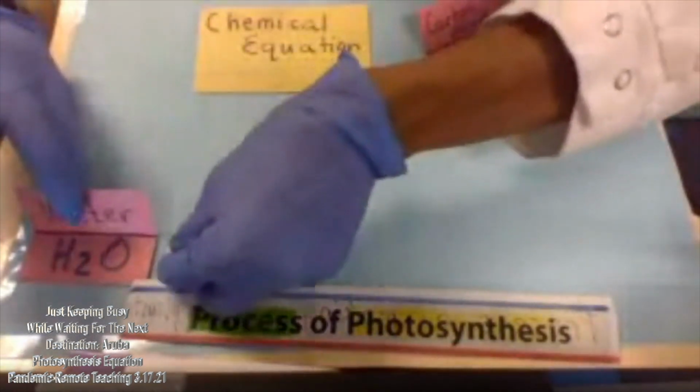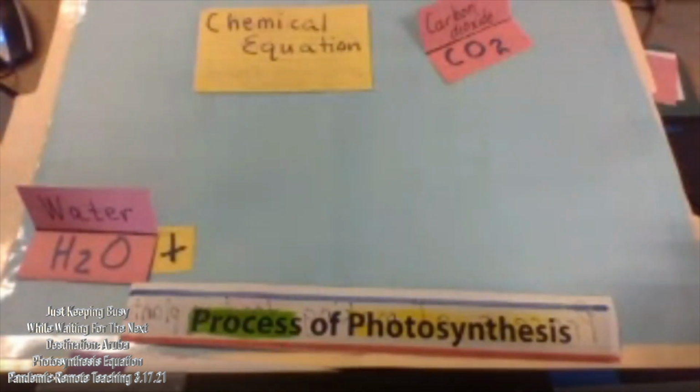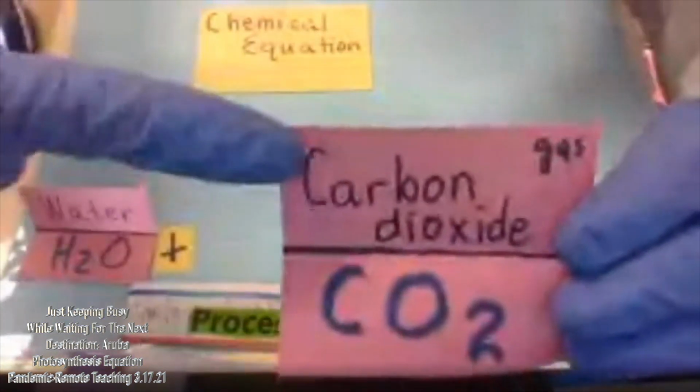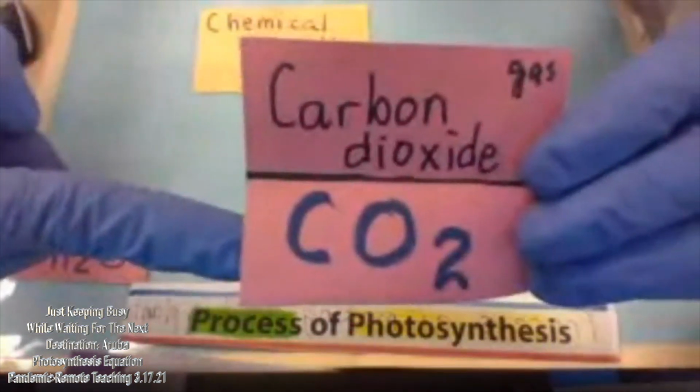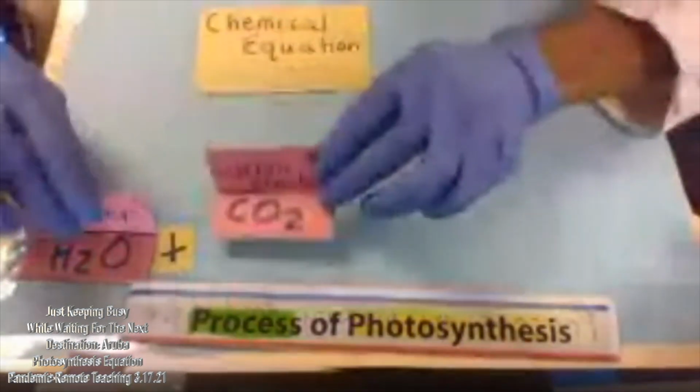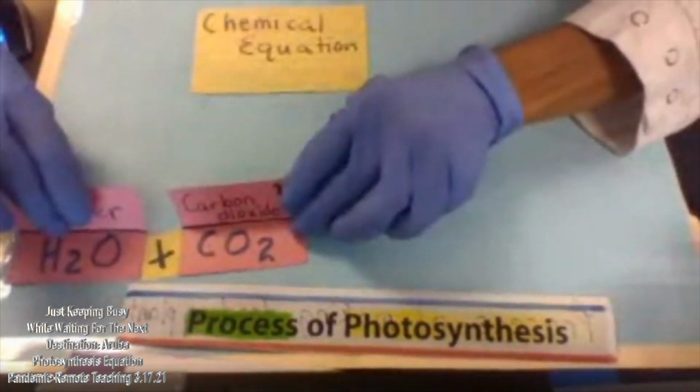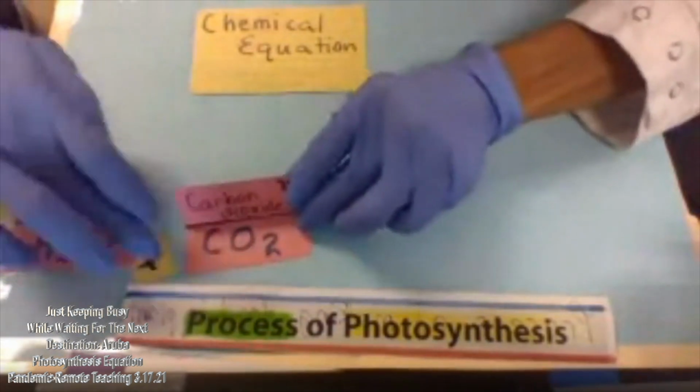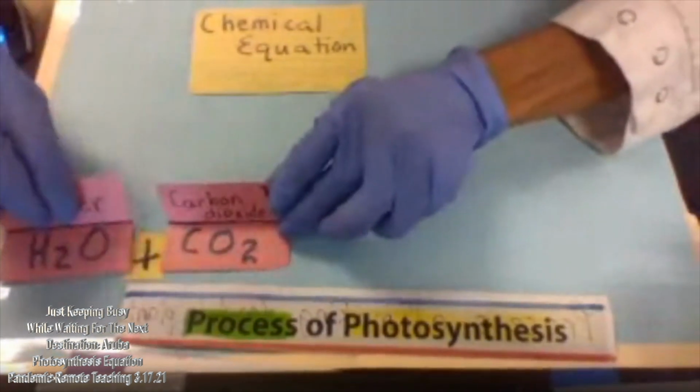All right. Since this is a chemical equation, plants, in addition to water, also need carbon dioxide. This is the word, and that's the symbol. So there are two needs or requirements at this point in time.